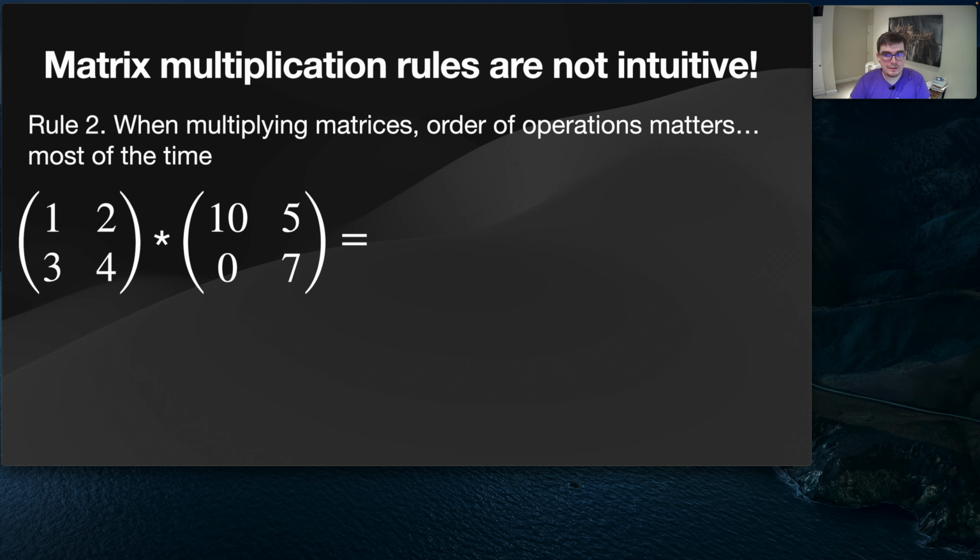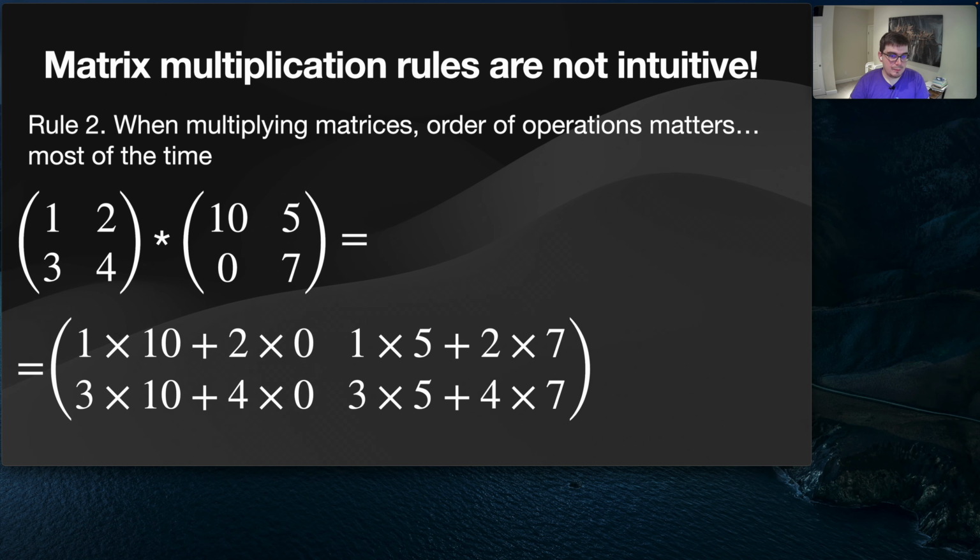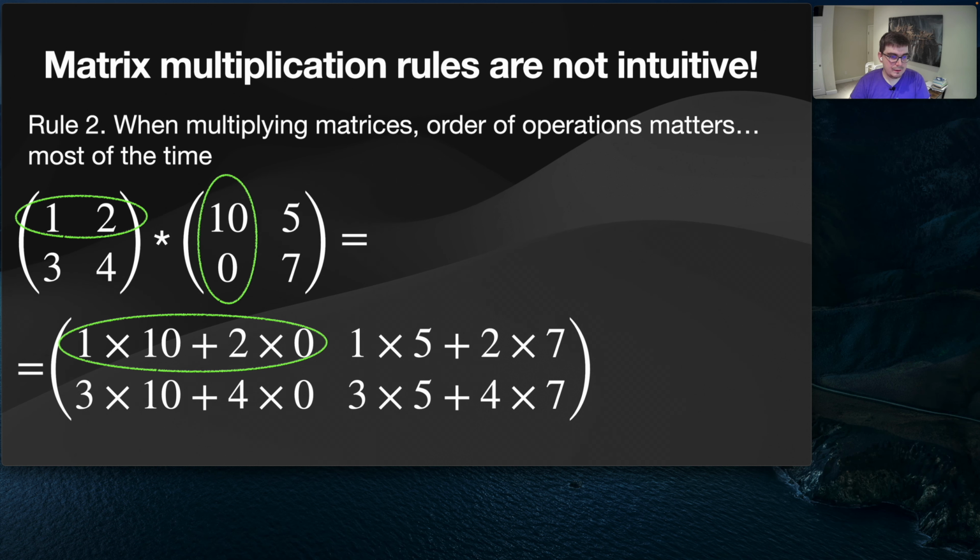So let's first resolve the left side of this inequality. To multiply these matrices, we will get another 2 by 2 matrix, and let's see how we get each element of this resulting matrix. To get the top left cell value, we multiply the first row of the left matrix with the first column of the second matrix.